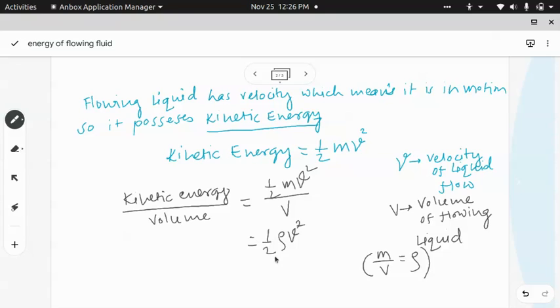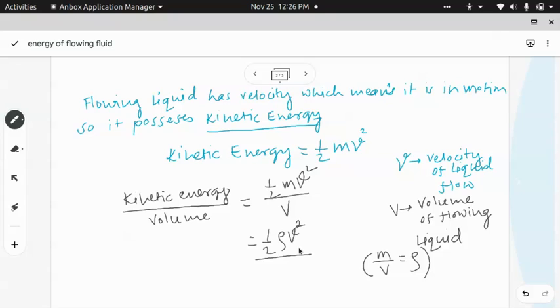This is an important relation, or you can say important terminology, which will be used for the derivation of Bernoulli's principle. Bernoulli's has more importance in some daily life applications like the aspirator pump and perfumes.